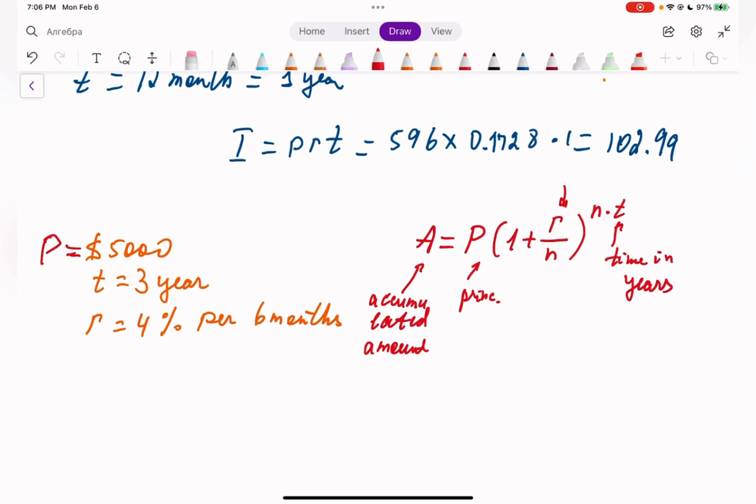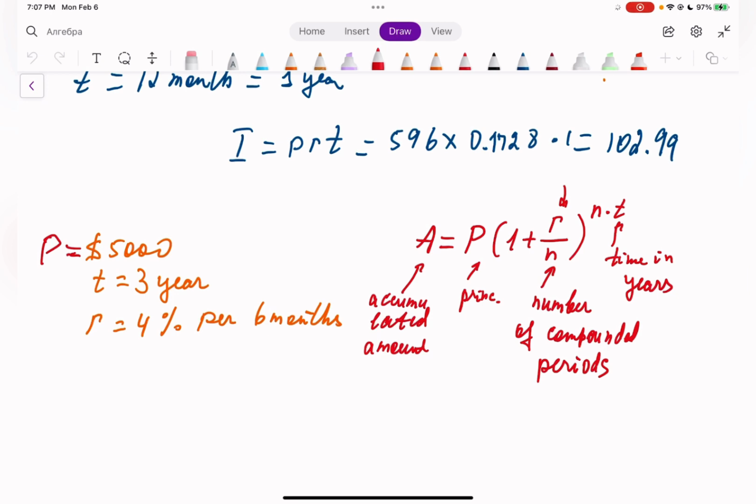It can compound daily, which is going to be 360. In this case, semi-annually, meaning it's going to compound twice per year.